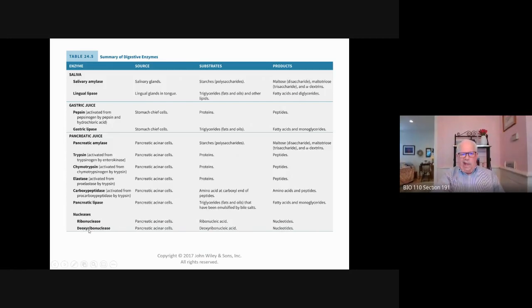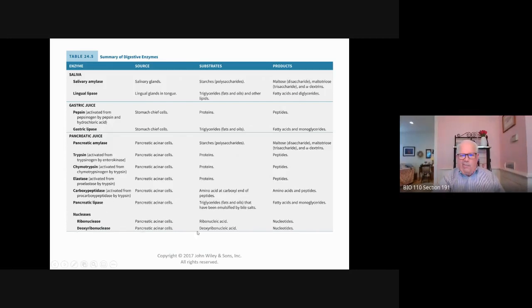ribonuclease and deoxyribonuclease, come from the pancreas, and they degrade RNA and DNA. And it drops its materials into the small intestine. The first time you see nucleases is in the small intestine.